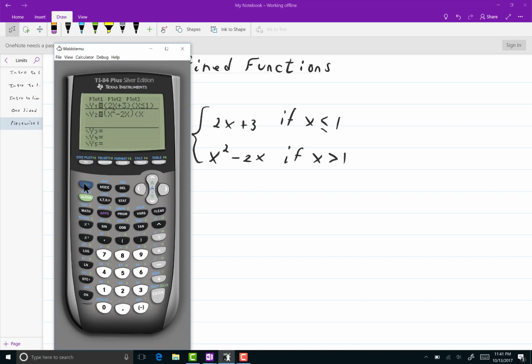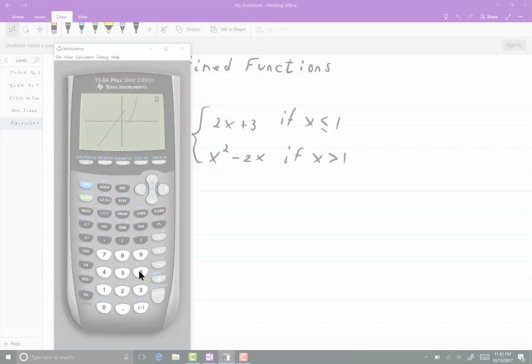So back to the test menu, which is second math. I want option 3, and the parenthesis, and I'll just do zoom 6 again. That piece is a parabola. So you can see when x is less than or equal to 1, I get the line, and then when x is greater than 1, it does the parabola part.